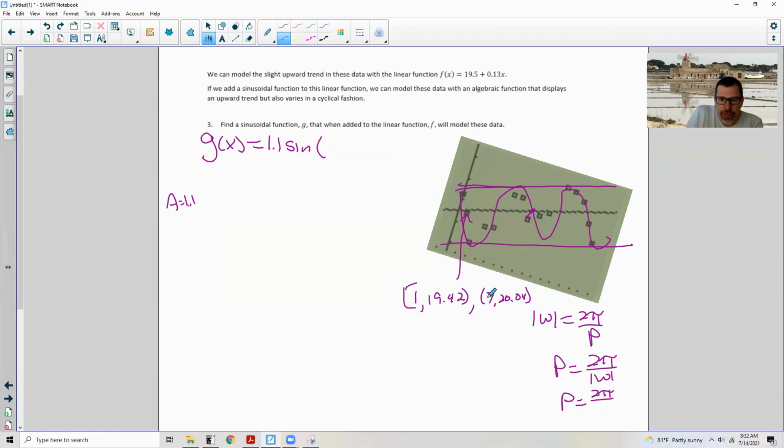Okay, so the change in my x was 6. So from here to here is a distance of 6. Okay, so if that were 6, that's going to be my period. So let's change that p to 6.